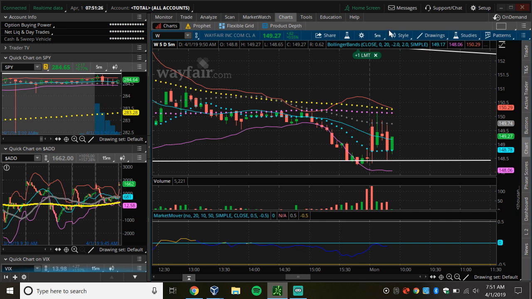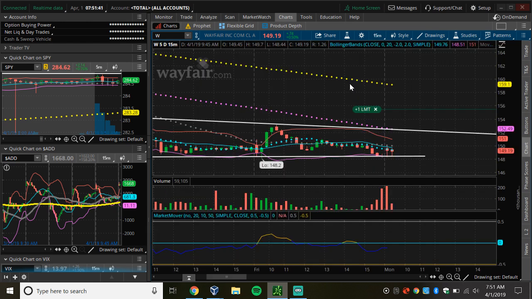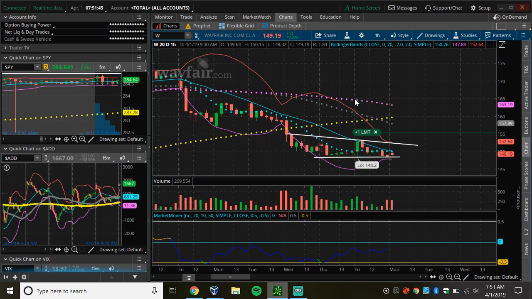And Wayfair, 2 touches on that bottom line. Getting close, getting close. Bollinger Band's still pretty large on the minute chart. Market bouncing here too. So everything kind of trading in unison.